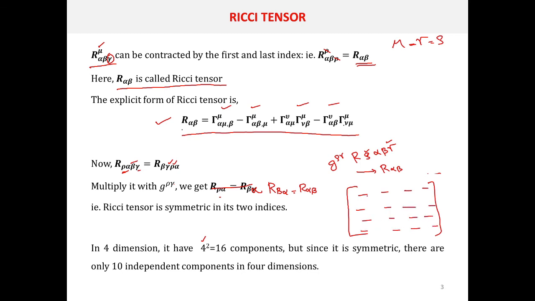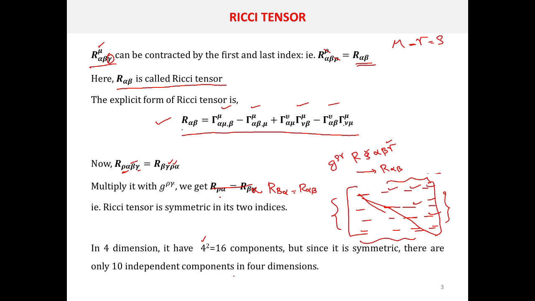Since it is symmetric, these terms will be the same as these terms. So it will have 1, 2, 3, 4, 5, 6, 7, 8, 9, 10. Only 10 independent components. So in 4 dimensions, since the Ricci tensor is symmetric, it will have only 10 independent components.